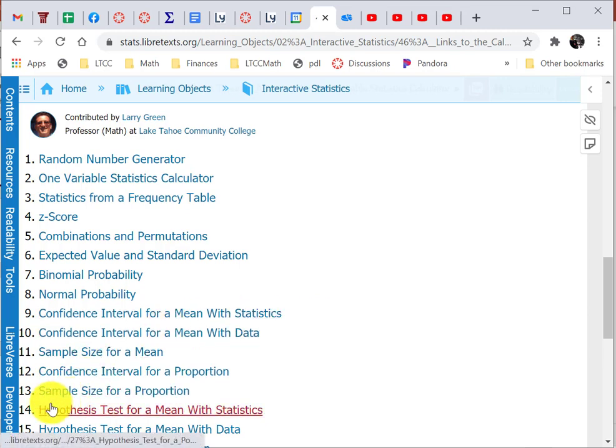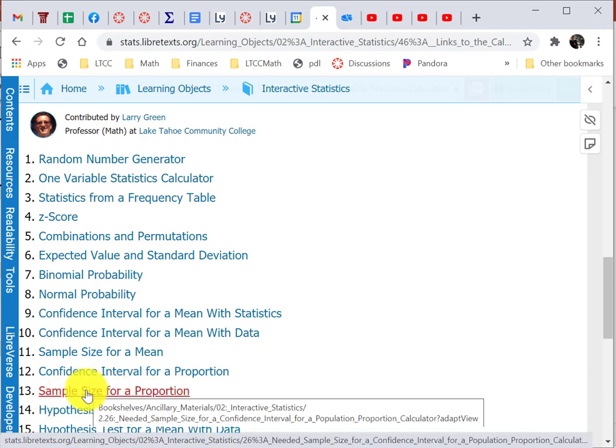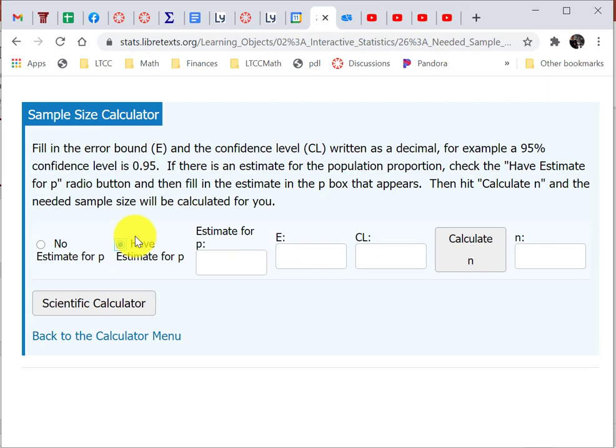So in particular, number 13 is sample size for a proportion. So I click on that, and it asks us no estimate for P or have estimate for P. In this case, we have an estimate for P because we have that 32% of all Americans are obese.